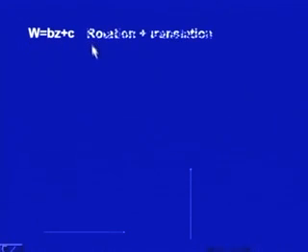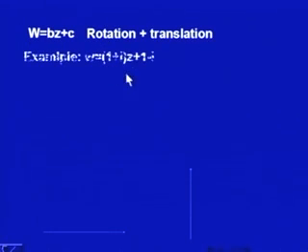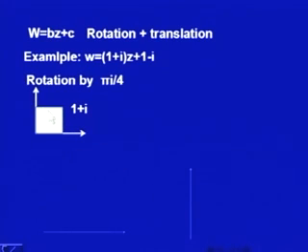Now, we will have a combination of rotation plus translation: w = Bz + C. An example is w = (1+i)z + (1−i). So this is my B and this is my C. Under this transformation, let us consider a rectangular region, and let me say that this point is 1 + i.